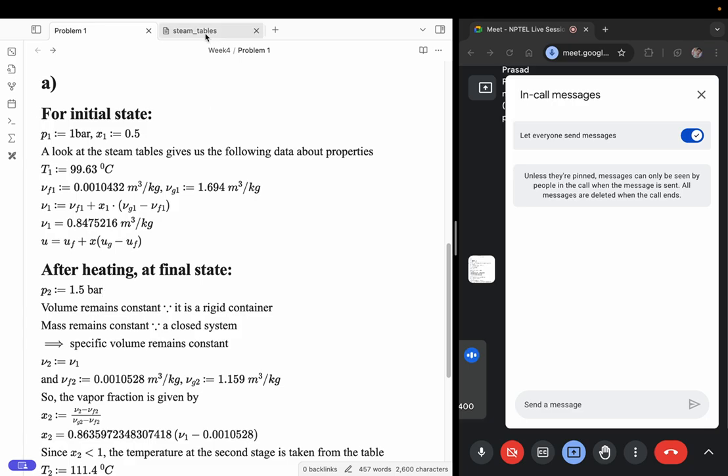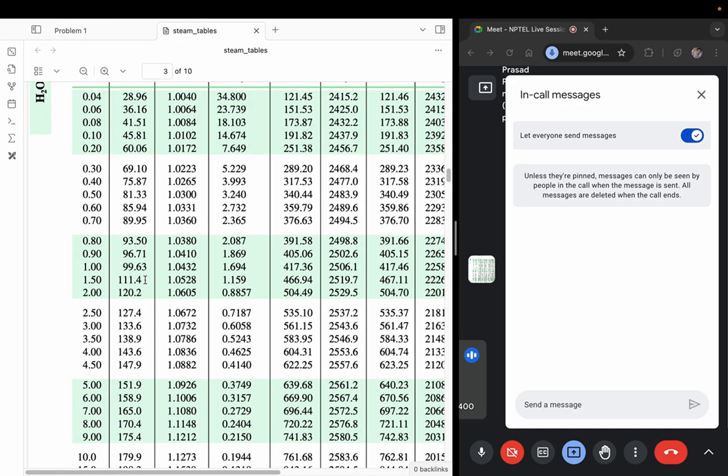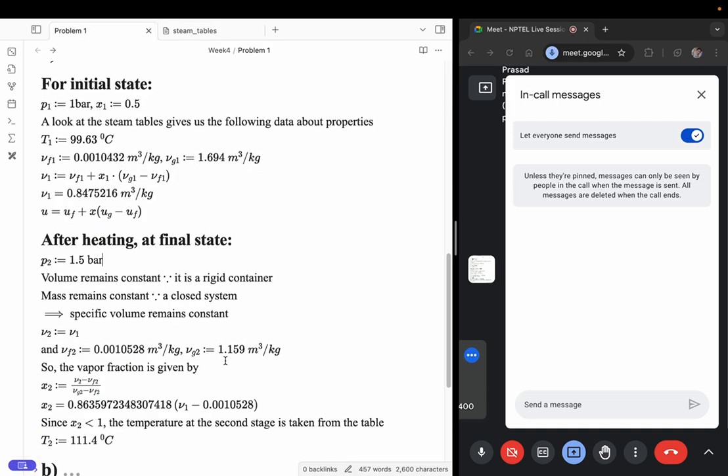Now if I go to the steam tables at 1.5 bar, this is my liquid and this is my saturated vapor state. The specific volume for the saturated vapor is around 1.159. So Vg2 is 1.159. From there I have Vf, V2, and Vg, so I can directly calculate the vapor fraction if you just substitute these values.